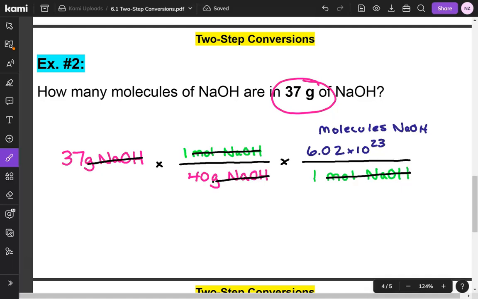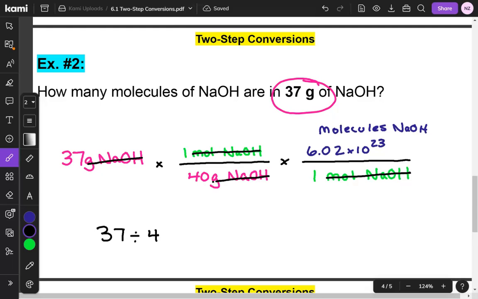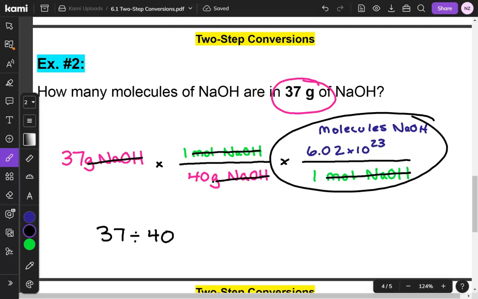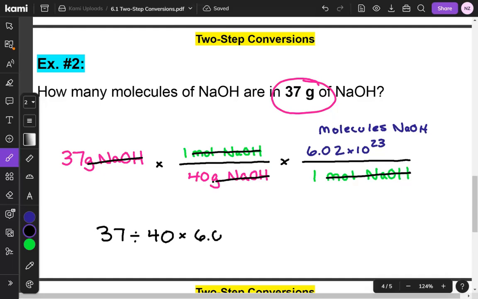Let's go through how to put this in your calculator. So for our first calculation, just like in the previous example, I'm going to divide. So 1 over something is going to be the same as dividing. So it's going to be 37. Oops, I said divide, but I wrote multiply. 37 divided by 40. That'll be my first calculation. And then 6.02 times 10 to the 23rd is in the numerator. So we're going to multiply. So times 6.02. We're going to use that E button on our calculator.